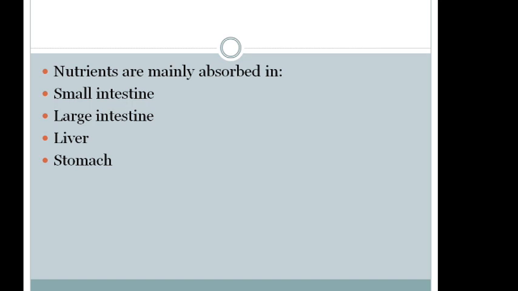Digvijay, only you have to answer. Rusali, why are you answering? This question is only for Digvijay. Okay, let's leave. Its answer is small intestine. Nutrients are mainly absorbed in the small intestine.